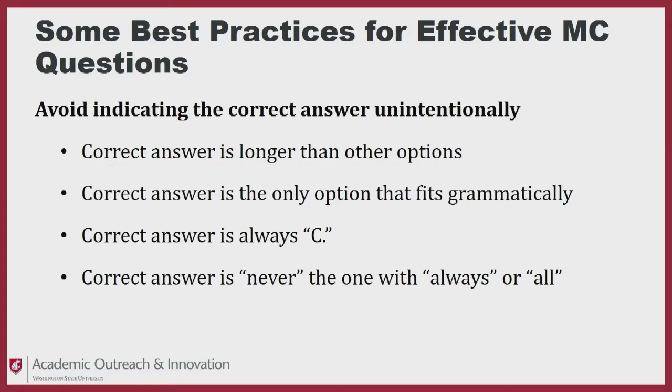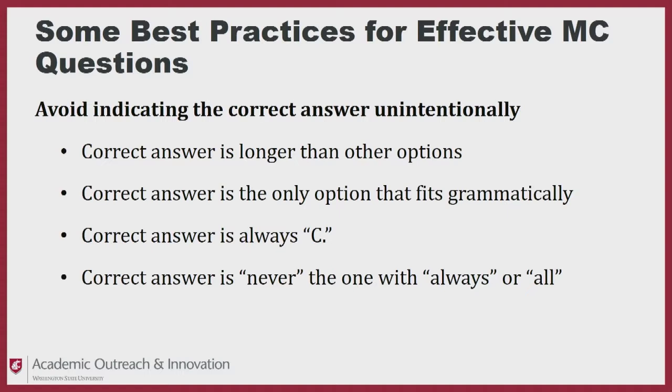Make sure that the correct answer is not significantly different than the others. If your correct answer has a bunch of subclauses and the others are 2 or 3 words long, it's going to stick out just because it's longer. And students will pick it because the instructor must have thought that all those things were really important, and therefore I think this answer is important.